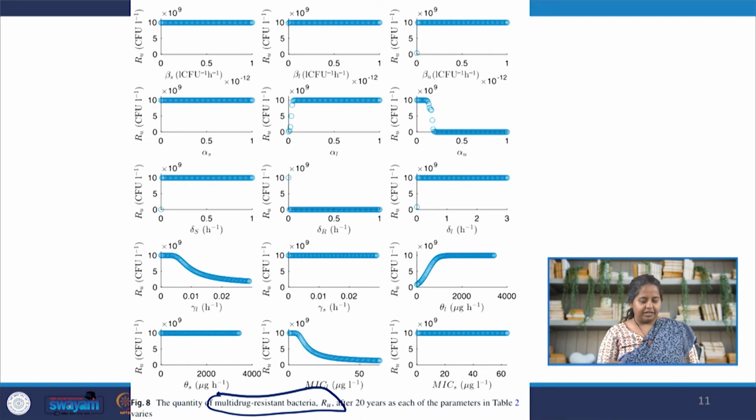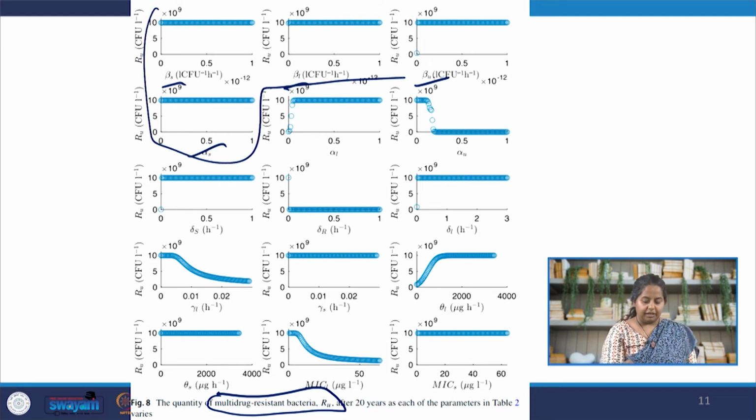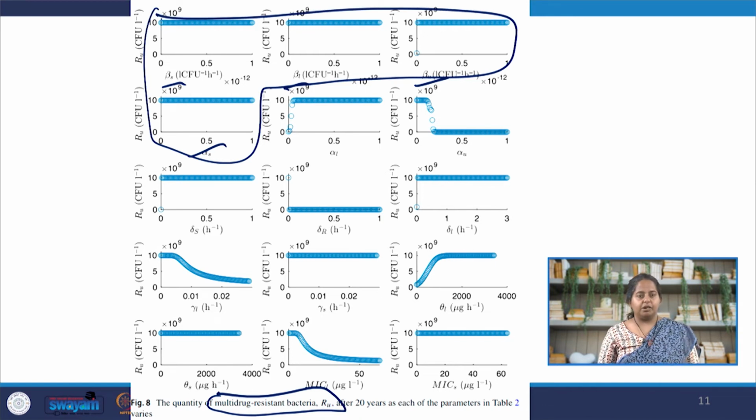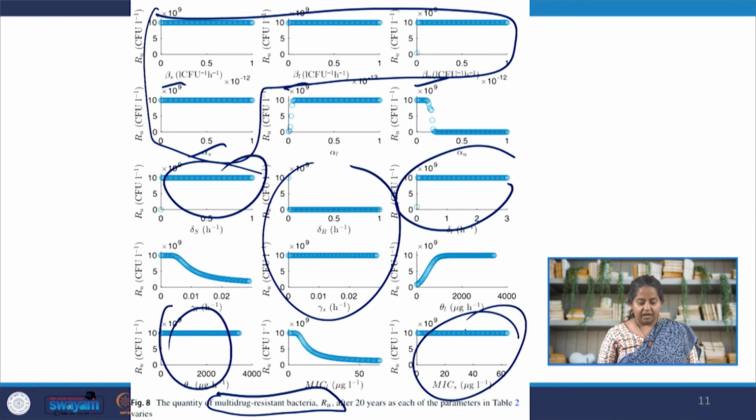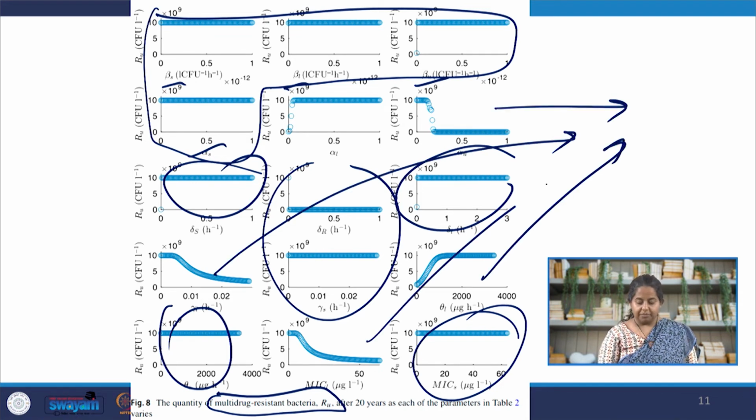As you vary these parameters, you see it does not really impact the levels of MDR bacteria in your slurry tank. So, these parameters, I know, are not going to have a major impact. But there are other parameters that are going to drastically change the results I get if there is an error. This sensitivity analysis can also inform me which parameters will have impact.